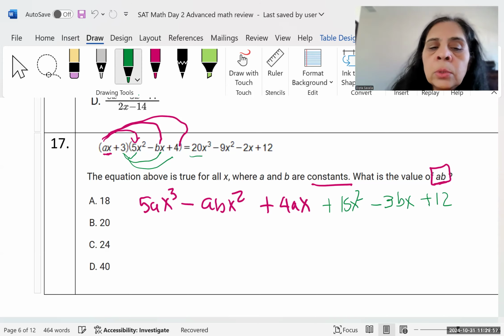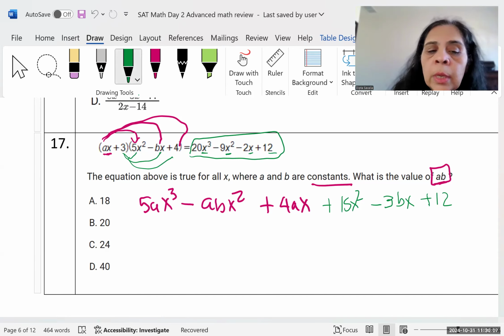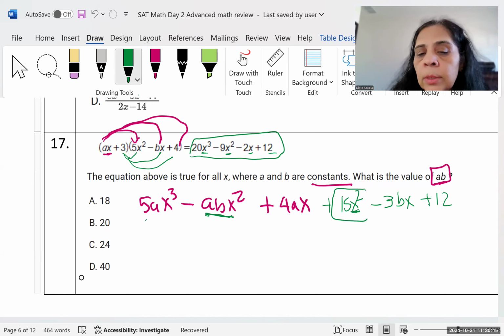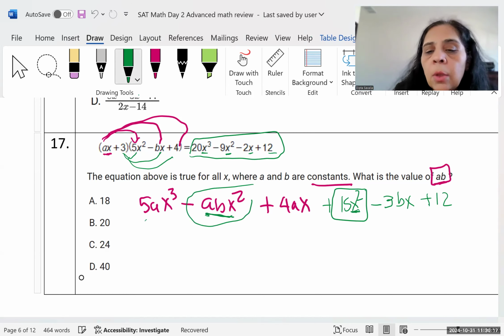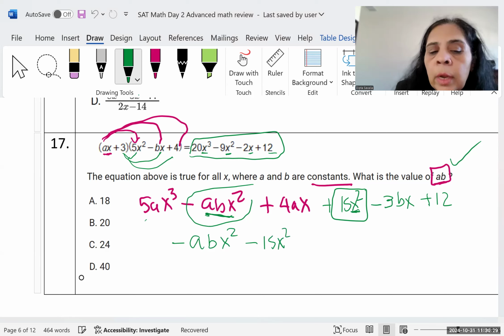All right, and at the same time you can check the right-hand side. See, we have x cubed, x squared, x and a constant. We don't need the rest, we have abx squared and x squared, these two terms. We can just combine them. We don't need anything else because we are looking for just ab, right? So we can check negative abx squared plus 15x squared.